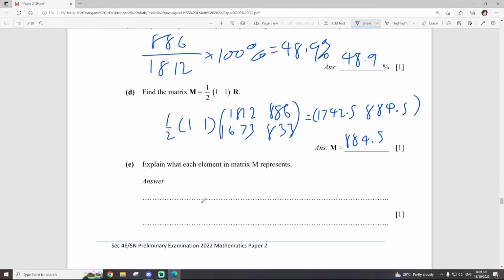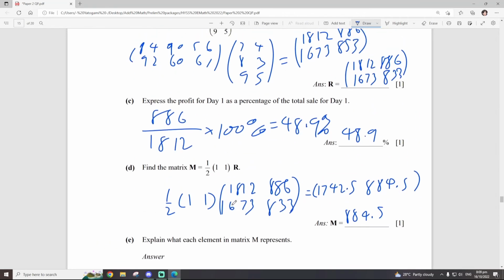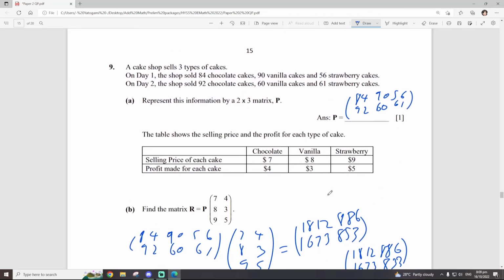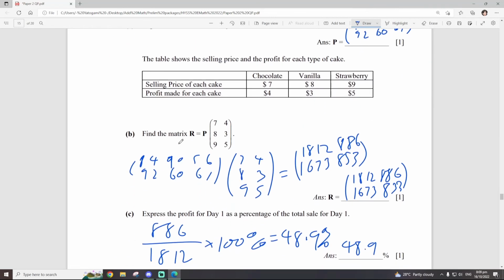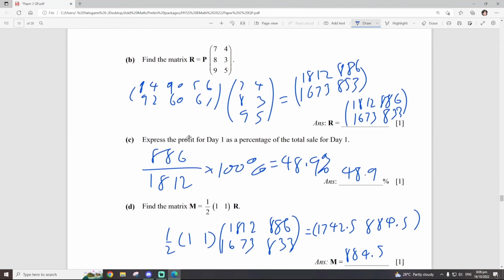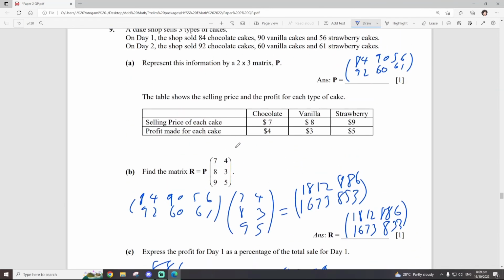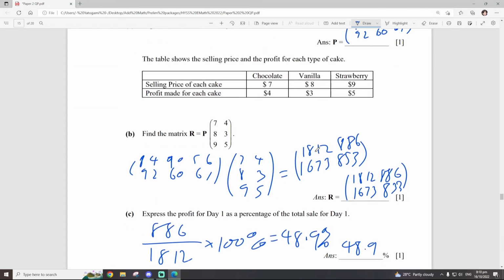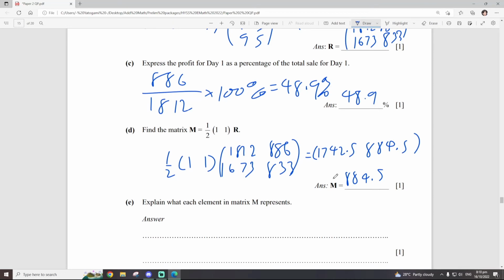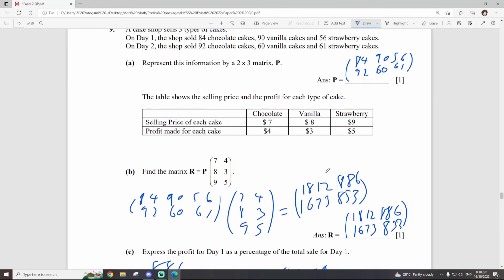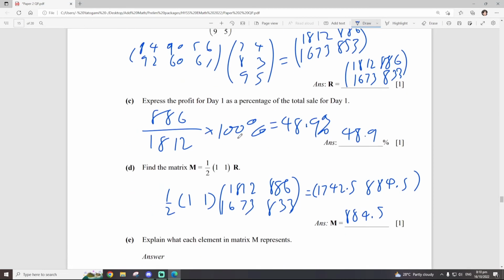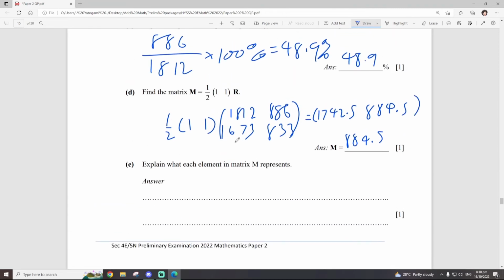Well, you will see that 1742.5 is the average amount of selling price. Average total selling price over the 2 days.